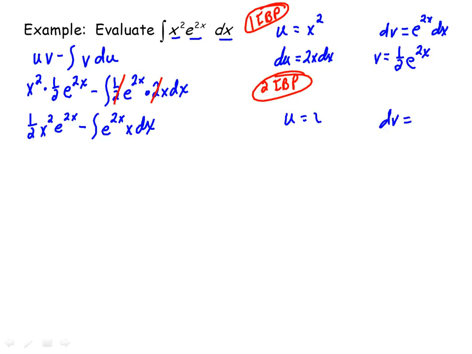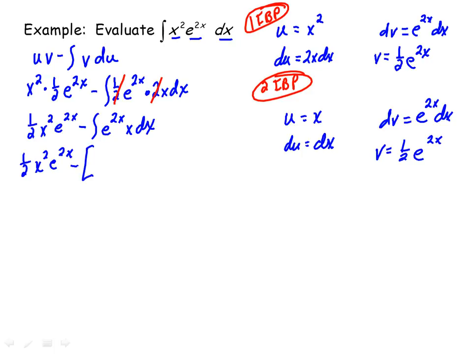All right, so let's pick out a u and a dv. Same thing, u is going to be x, so du is going to be dx. And dv is going to be the same. So we're going to have 1/2 x squared e to the 2x minus u times v.